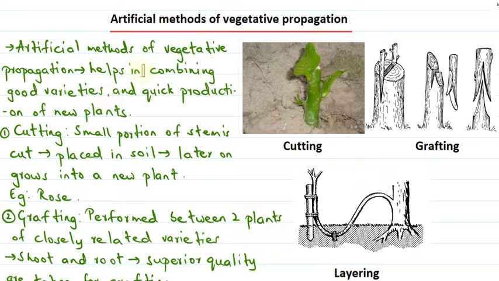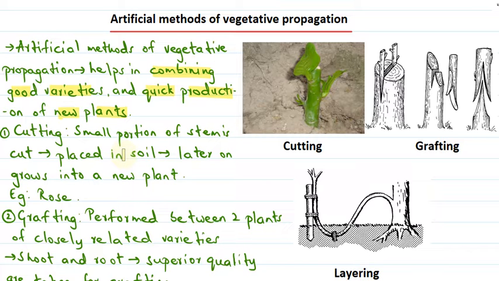These methods are usually practiced by gardeners, and they help in combining the good varieties and in the quick production of new plants. We discussed four different methods: cutting, grafting, budding and layering.